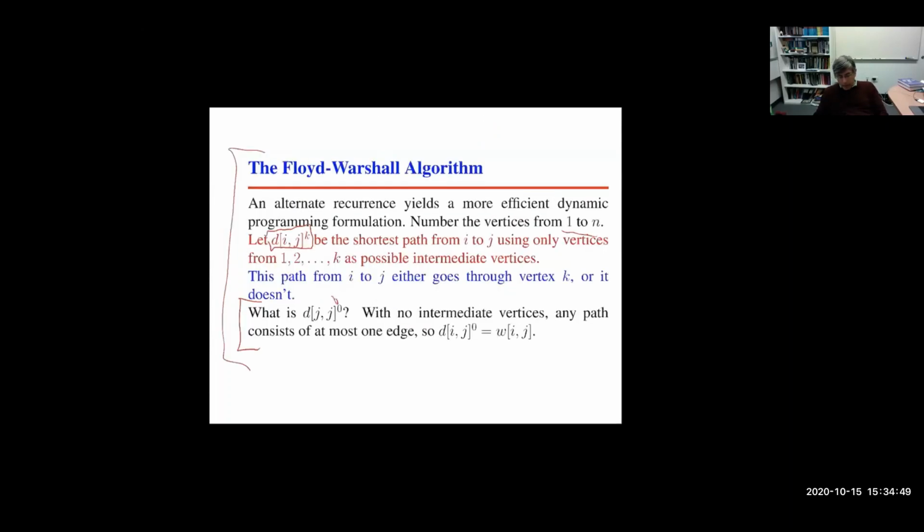Now, what is the distance from i to j where I'm allowed to use vertex 1 as an intermediary? Can anybody figure that out?